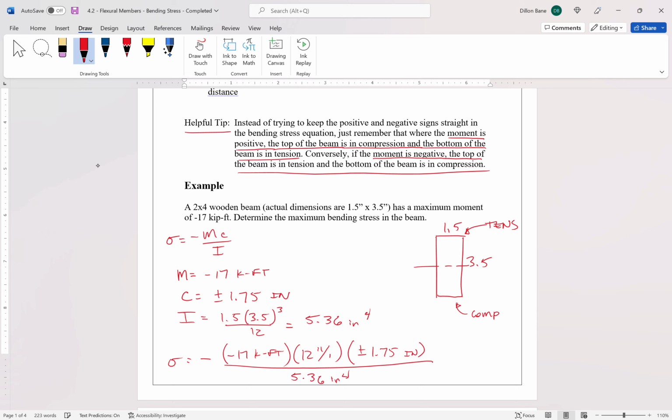And what we find then is that our sigma is going to be equal to either plus or minus 66.61 KSI, kips per square inch.